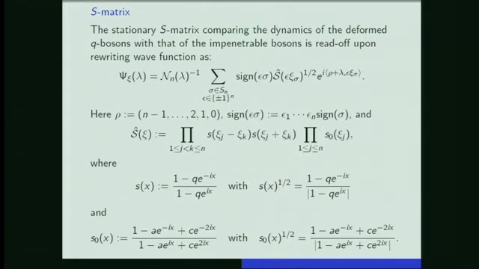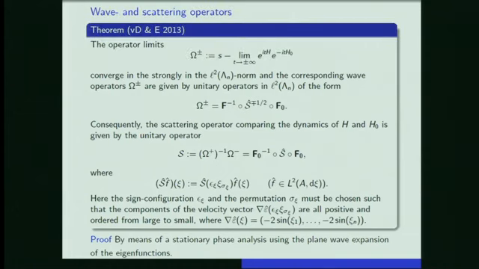Well, this was informal, but you can make this completely rigorous, and then you get the following results. With time-dependent scattering theory, you can demonstrate that these operator limits exist, where H0 is the reference dynamics, and H is the q-boson dynamics. This limit exists in a strong sense, and you can compute it.